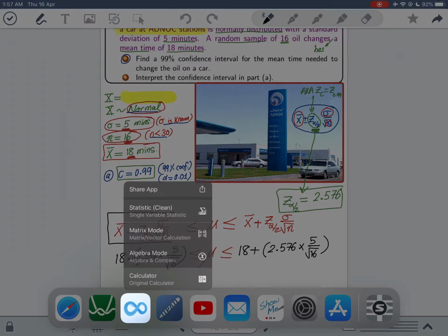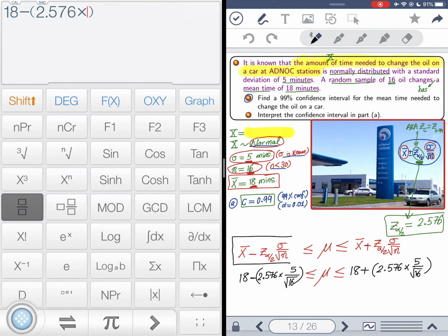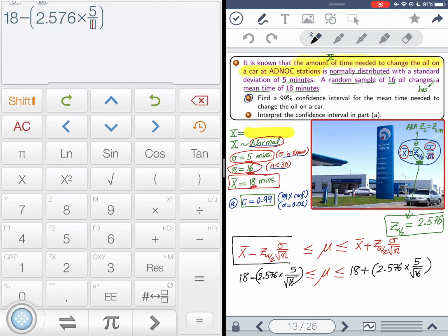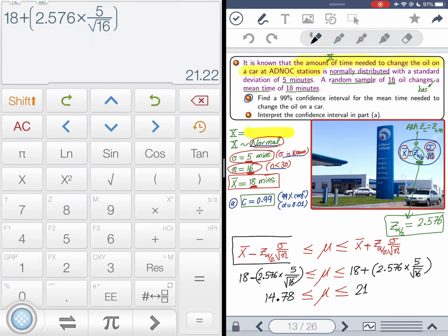We do 18 minus, open parentheses, 2.576 times 5 divided by radical 16, equals 14.78, less than or equal to mu, less than or equal to. Now go back to your calculator and instead of minus put plus, equals 21.22.